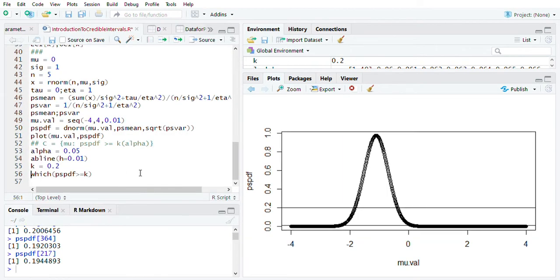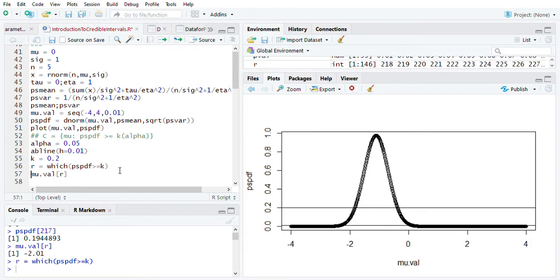Suppose I store the indices somewhere in say R, then what I need to consider is mu dot val of R. The lower limit and the upper limit of this is going to give me the required set C. So let us first look at the vector itself, mu dot val of R. See what do we get.